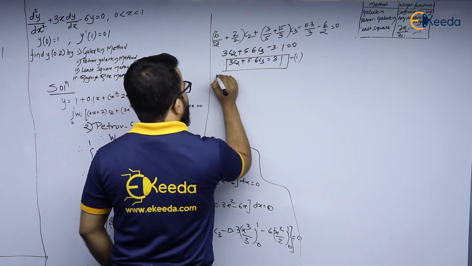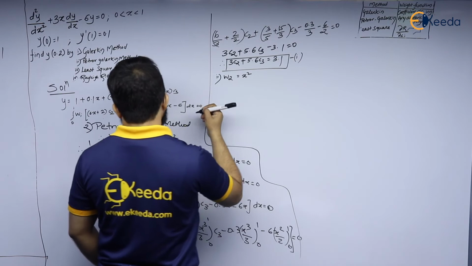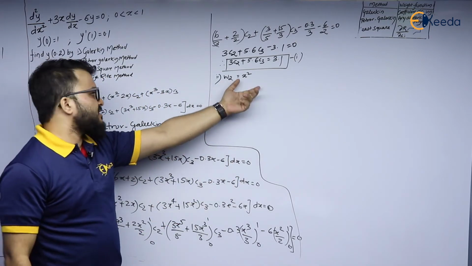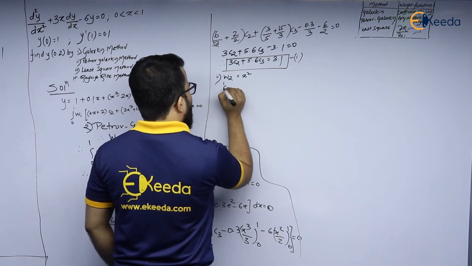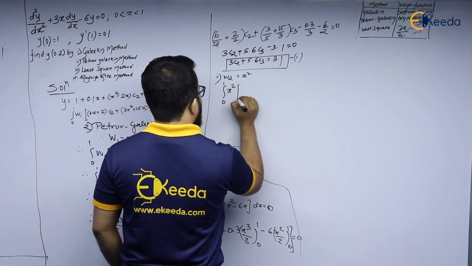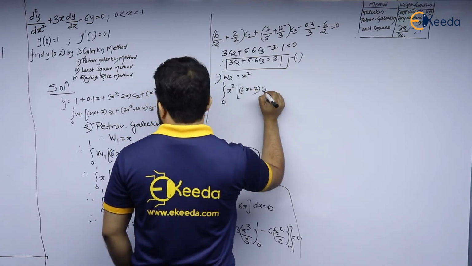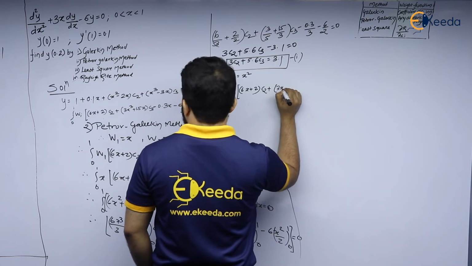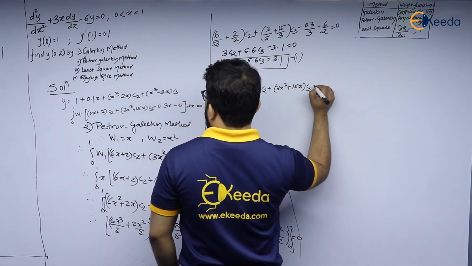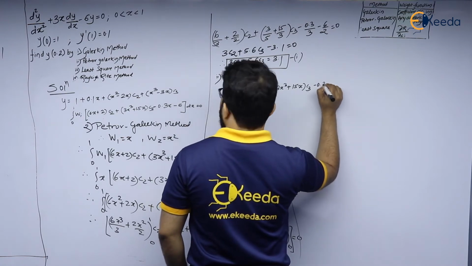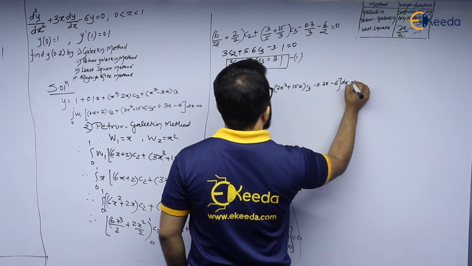So let us try with equation number 2. Let W2 be equal to x square. Similarly, the same process: you put this W2, x square, in this residue equation. So you will get the integral from 0 to 1 of x square into (6x plus 2) into C2 plus (3x cube plus 15x) into C3 minus 0.3x minus 6 dx is equal to 0.